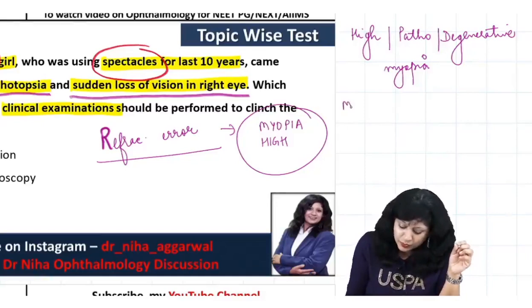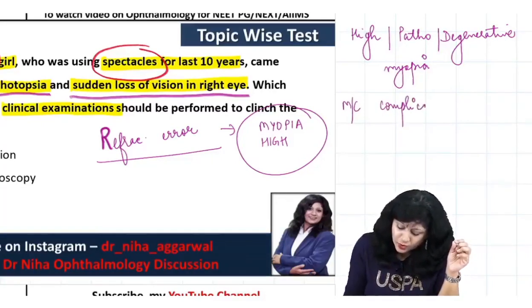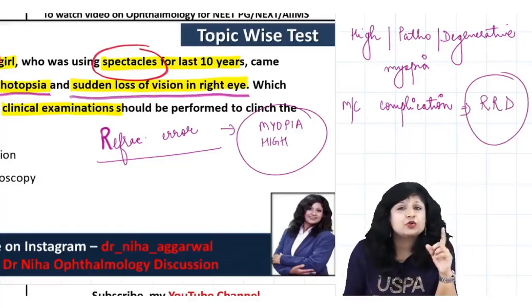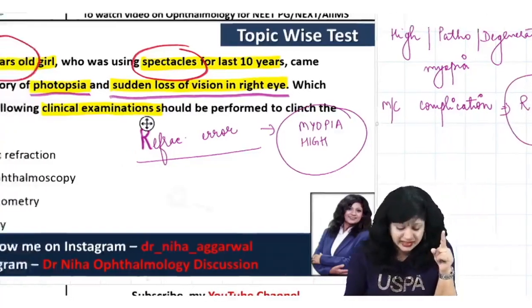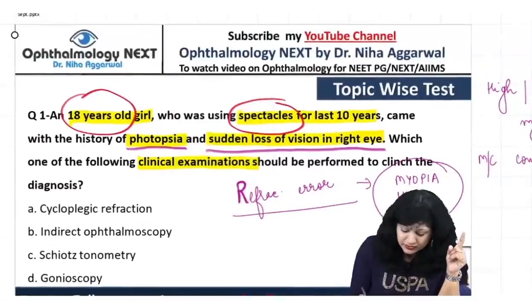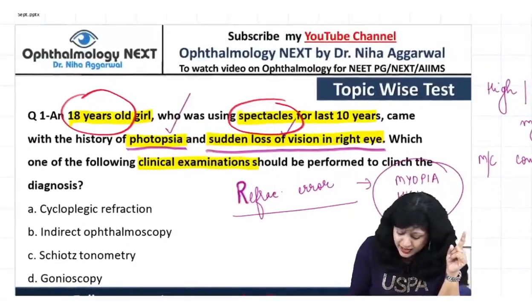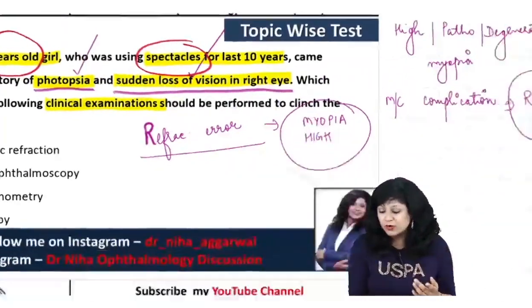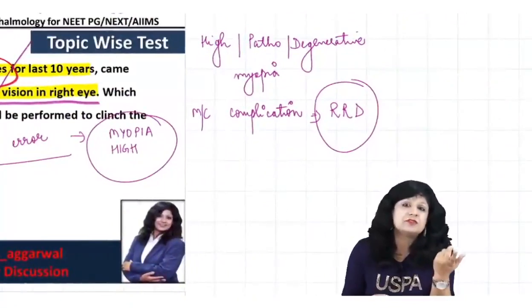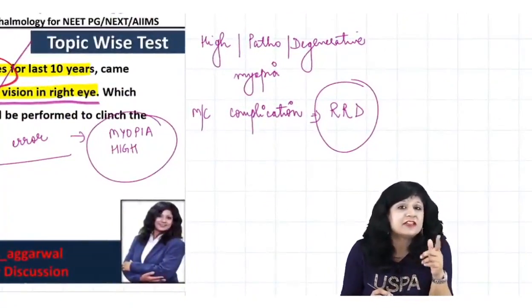What is the most common complication? The most common complication of myopia is actually the rhegmatogenous retinal detachment, right? Now, does this rhegmatogenous retinal detachment come up with photopsia and sudden loss of vision? Yes. What is the most common symptom with which the patient presents if he is having RRD?